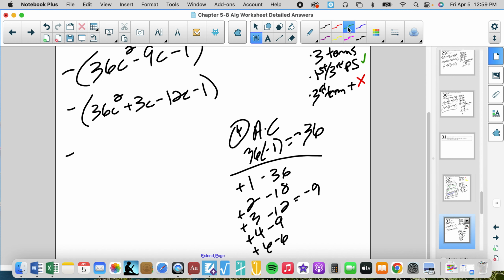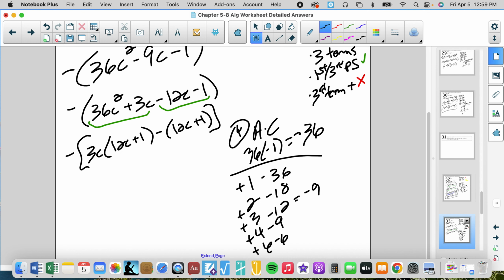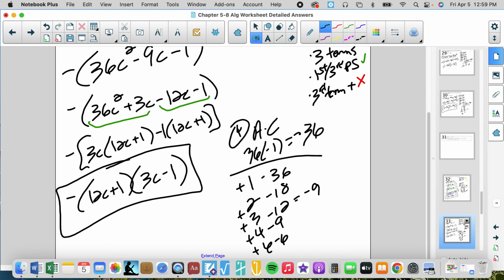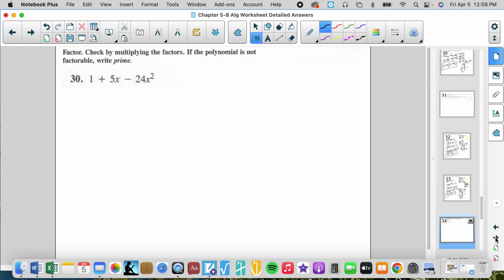Now I'm going to factor by grouping. Factor these, and I'm going to factor out a 3c, which gives me 12c plus 1. I'm going to factor out a negative, which gives me 12c plus 1, because they don't have anything but the negative in common. They have no coefficient, they have no variable. That's why I just factor out the negative. And then I get the opposite of 12c plus 1 times the quantity 3c minus 1. That was a little tricky. I didn't show that. We factored out a -1. I should write that -1 there.